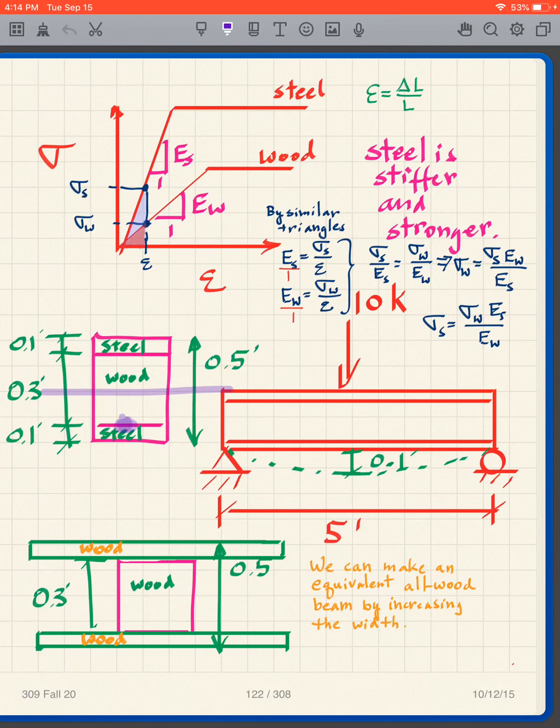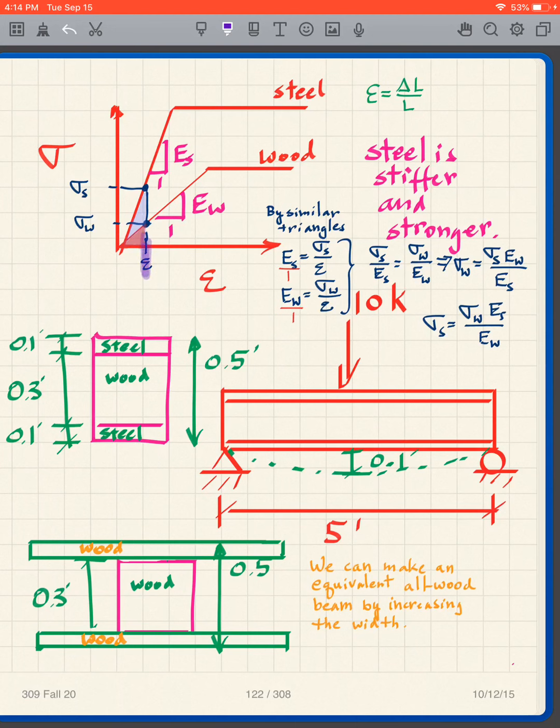If the change in length of the steel and the wood is the same, then the strain is the same, because strain is change in length over original length. So what I'm looking at is a place where the strain is the same.